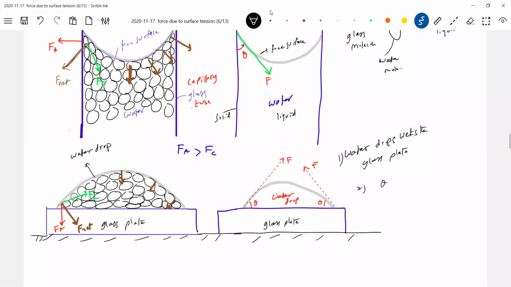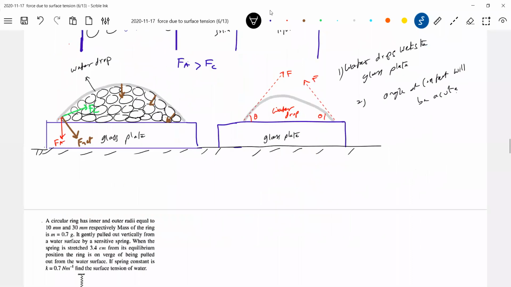The angle of contact will be acute. Why will water spread? Water will wet wood, am I right? Water will wet glass. Water will wet cloth. Water will wet paper. The reason is that theta will be less than 90 degrees. Glass plate.